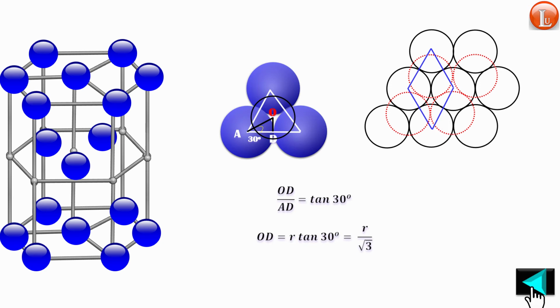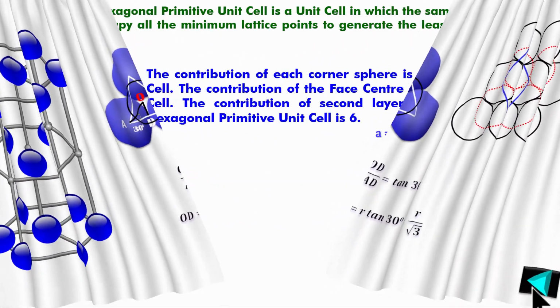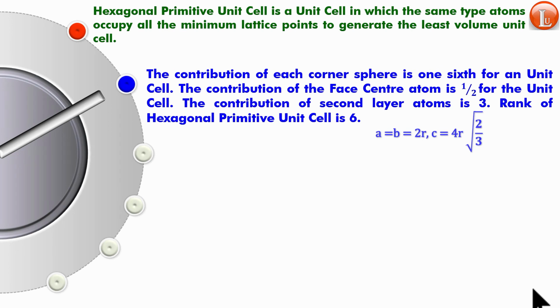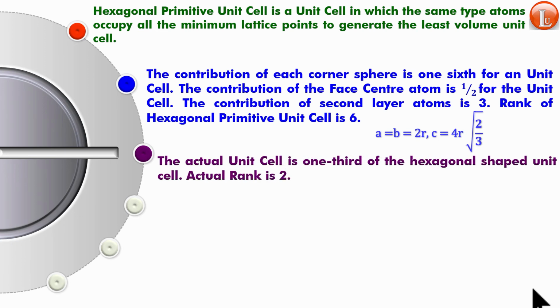So let's go back to the master slide, which is going to tell us exactly this. The master slide says that the actual unit cell is 1/3 of the hexagonal shaped unit cell and the actual rank is 2. Now let's look at the packing fraction.